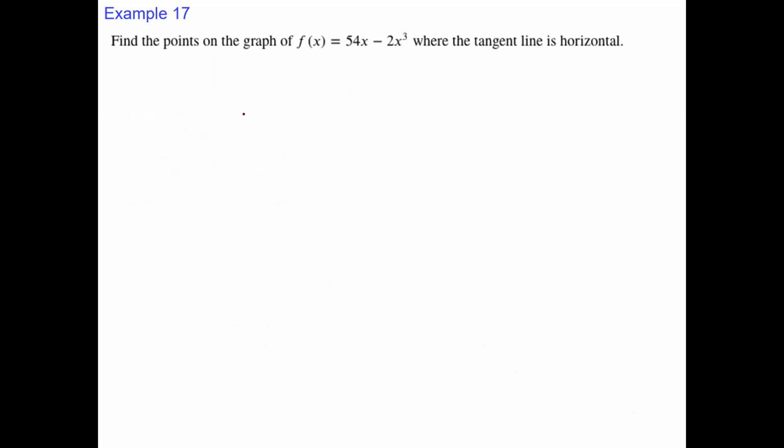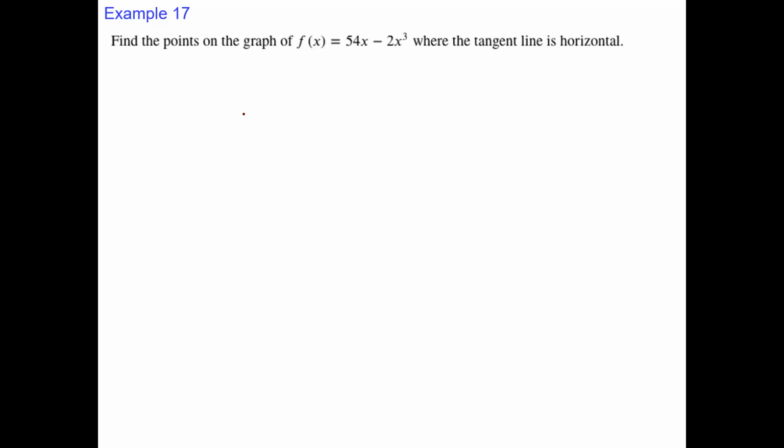I have another one. Find the points on the graph of the third degree polynomial 54x minus 2x cubed where the tangent line is horizontal. We don't really have to draw the graph, unless we really want to. Let's first set up the situation.